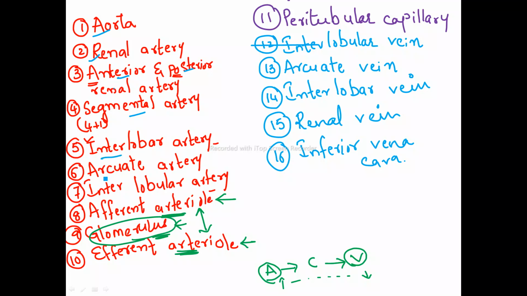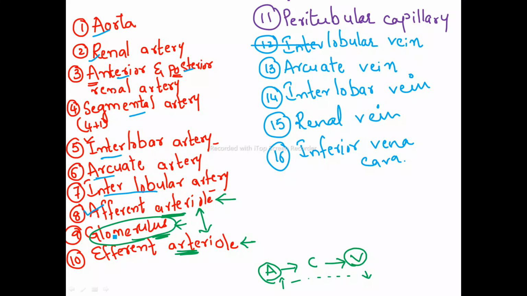Next, when this interlobar artery reaches the boundary of medulla and cortex, it will form arcuate artery. Next, from here arise some straight blood vessels which will be moving throughout the cortical area, which we call interlobular artery.